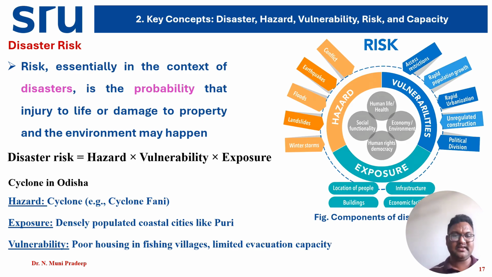So coming to the next slide, I'll explain the risk in a detailed way. So officially now we come to the fourth key concept, because till now we were discussing disaster, hazard and vulnerability. The fourth term now, risk. After understanding the hazard and vulnerability, understanding risk becomes very logical, right?